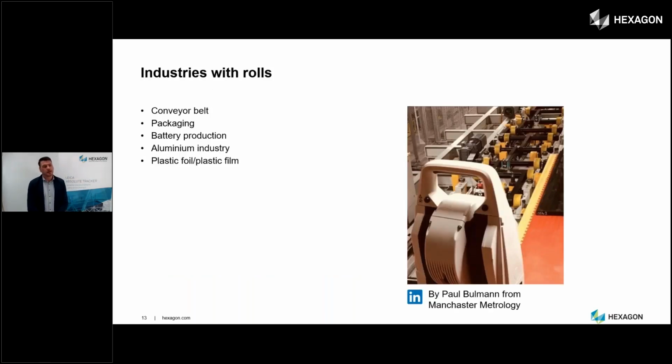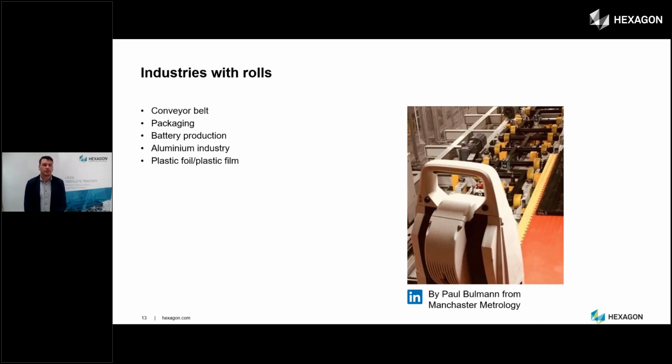Another example I found on LinkedIn is a conveyor belt alignment, with all these small rollers. Another example is battery production. We see Tesla is on a run right now. They need a lot of battery production, and a lot of layers need to be combined and produced.